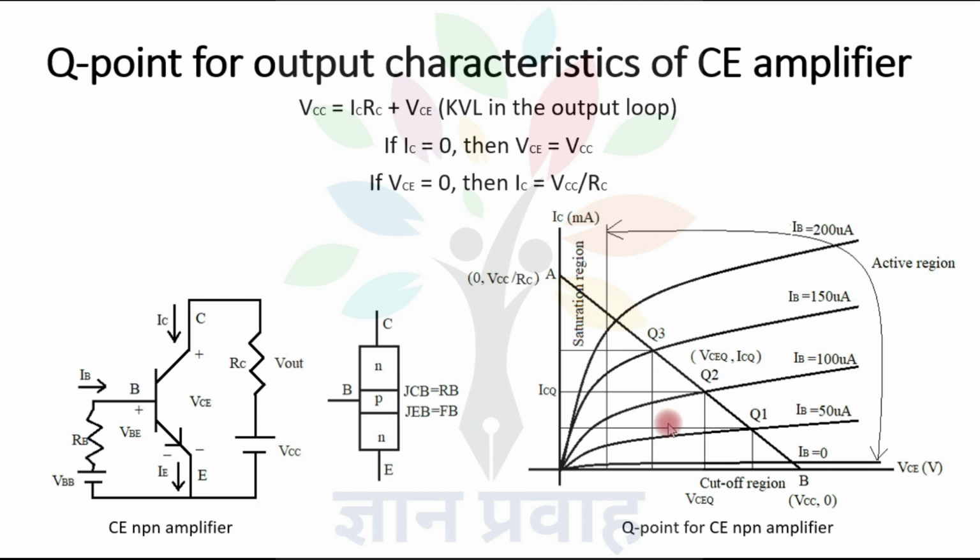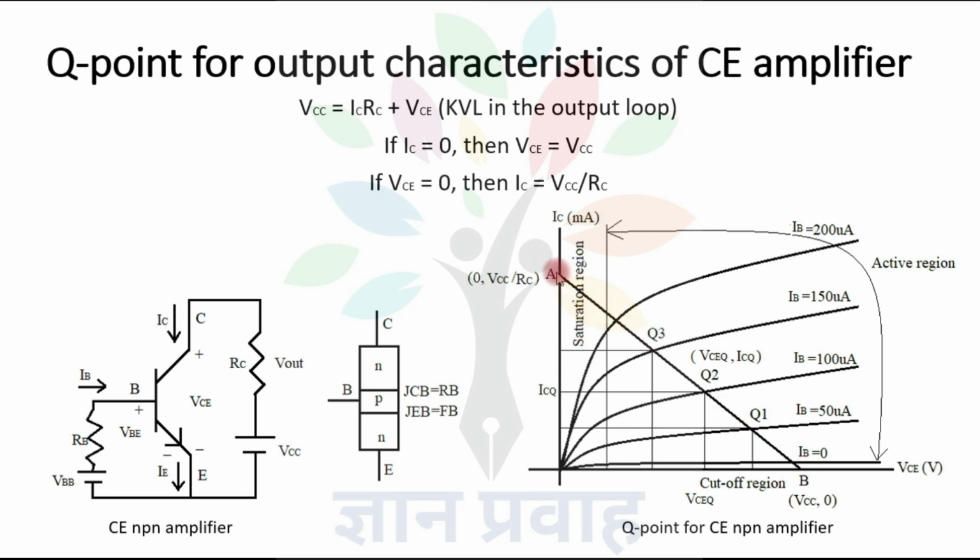The output characteristic for the common emitter NPN amplifier circuit is given here. The different regions are the cutoff region, active region, and saturation region. For the selection of the Q point, we must draw the load line. So the load line is simply a straight line between two axes.